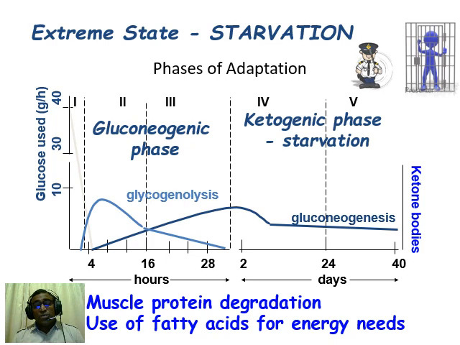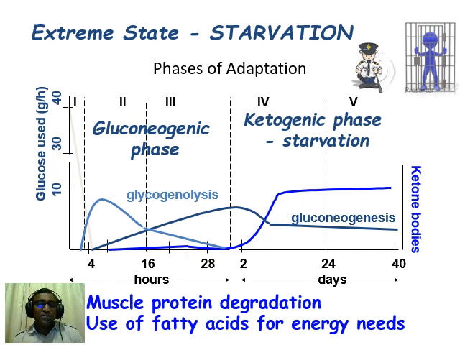So after this gluconeogenesis, the body needs to rely on fat, and that's where rigorous use of fatty acid by beta oxidation will lead to ketogenesis in turn being activated, and ketone bodies are now produced. So the brain will have a drop in glucose usage and rely on ketone bodies as well, up to even 50%.